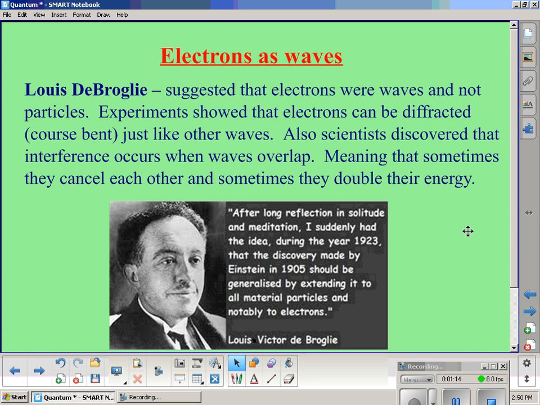Okay, enter Louis de Broglie. He suggested that electrons were waves, not particles. He did a lot of math to prove this, and experiments showed that electrons can be diffracted, or their course bent, just like other waves. If you've ever been to a lake where waves were hitting a wall, as they went around the end of the wall, the waves kind of bent around the end of it.